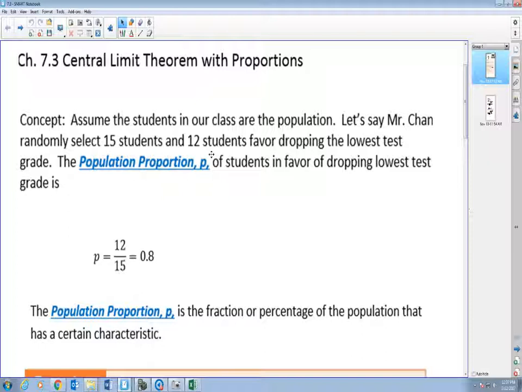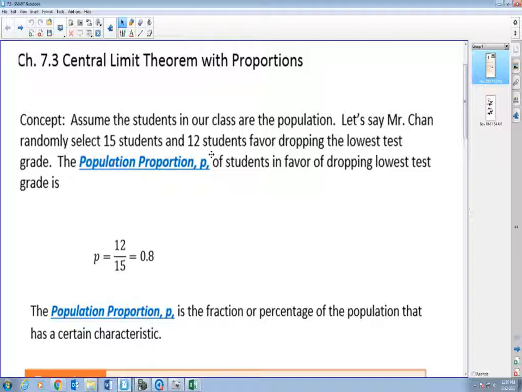Another place we saw the letter p is probability of success under binomial, which is almost the same thing, because if 12 students favor dropping the lowest test, you can either favor it or not favor it. So it does have that sense of probability of success and failure in these proportions.